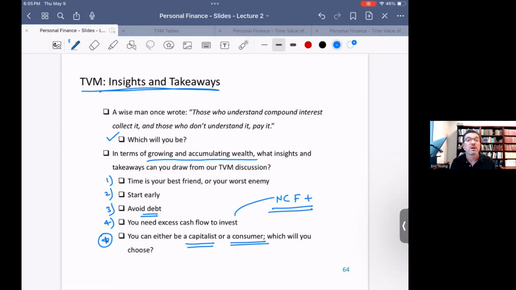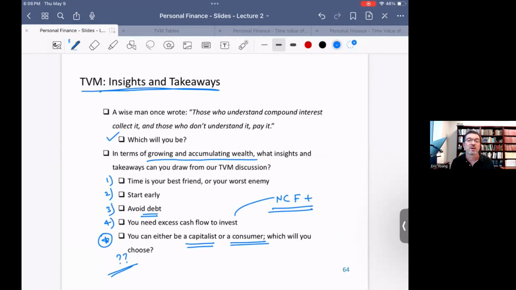A consumer spends what comes in and sometimes even spends beyond what comes in. You can't be both. You can either be a capitalist or a consumer. The question before you, my friend, which one will you choose?